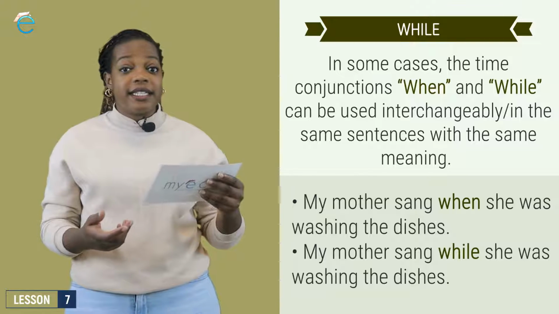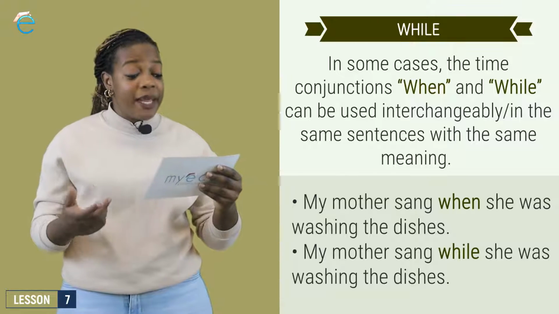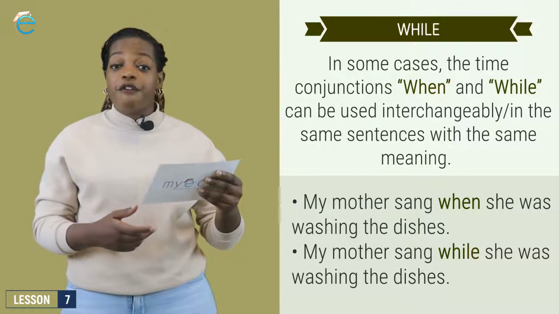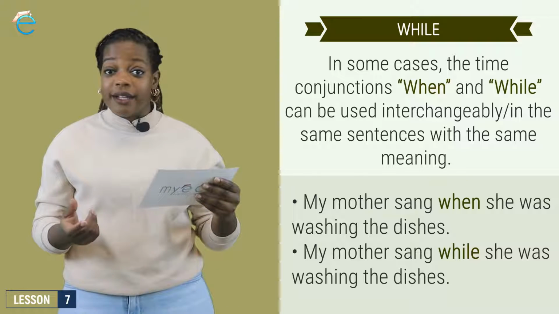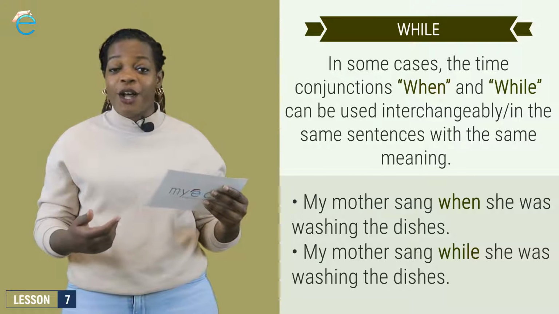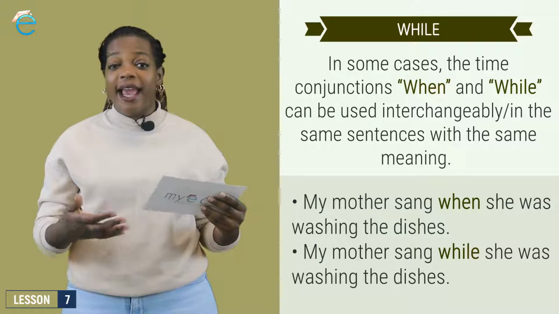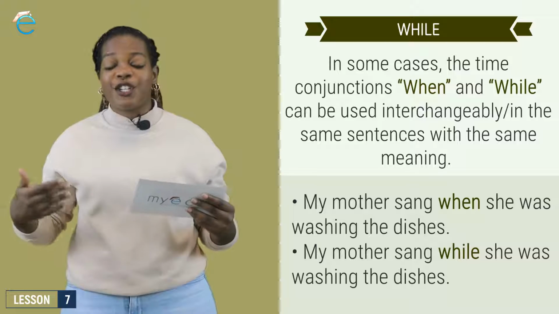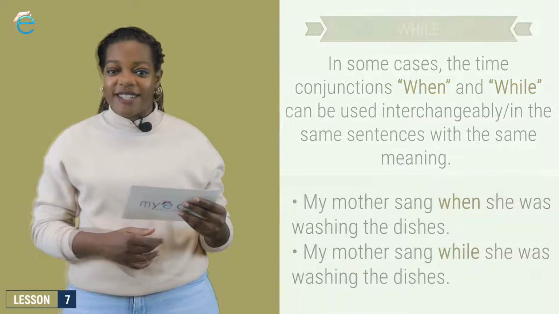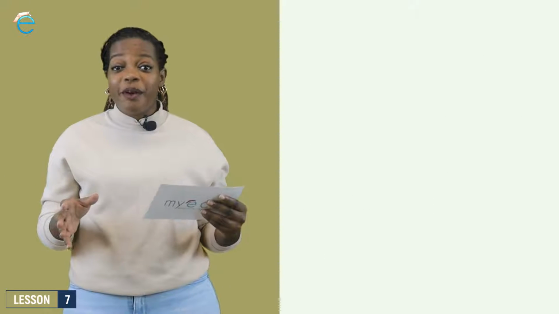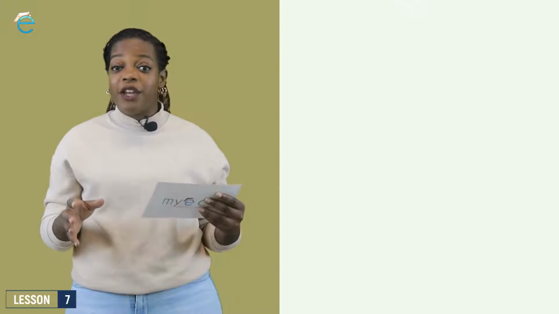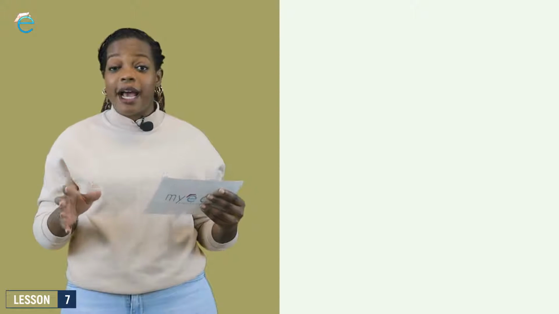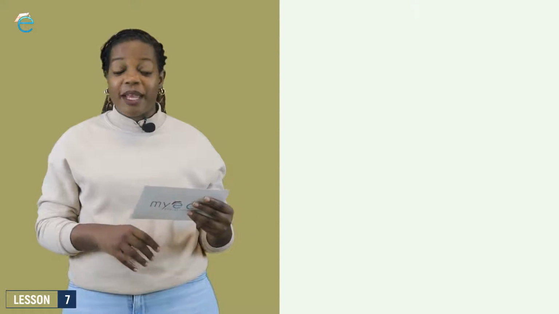Both of these sentences have the same meaning, but for the sentence with while, there is an emphasis on the continuity, an emphasis on the continued action of washing the dishes. You'll get more information on this when we do our unit time clauses.